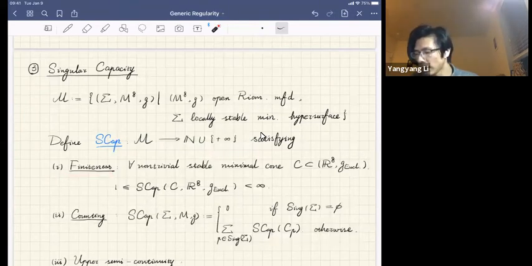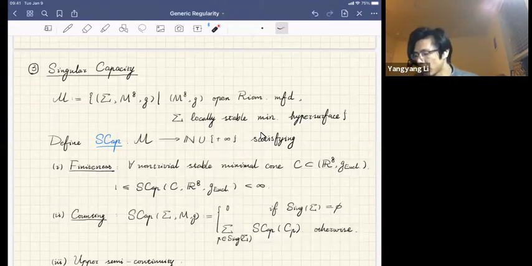In other words, for any non-trivial stable minimal cone in Euclidean space, the singular capacity of this triple should be at least one, but it's also finite. And the second one is the counting property, because we are going to use this invariant, the singular capacity, to count all the singular points.